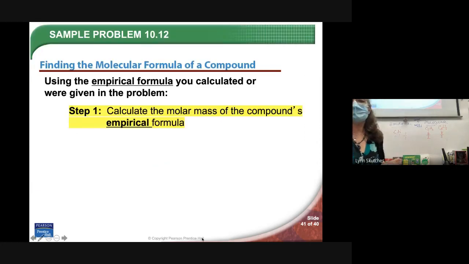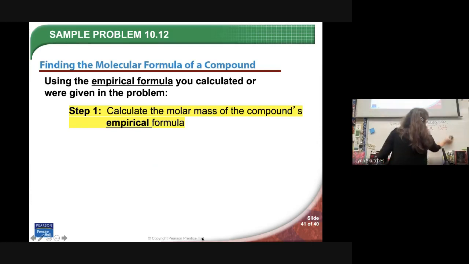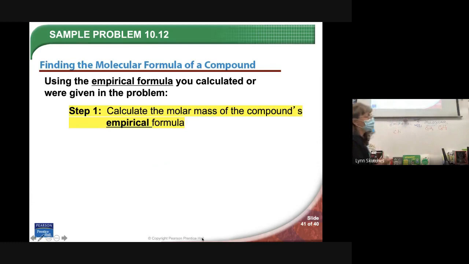All right, so first step, calculate the empirical formula's mass. So the very first step is how much should 1-to-1, or 1-to-2, or whatever it is you're dealing with, weigh. So 1 carbon, 12.0, 1 hydrogen, 1.0.